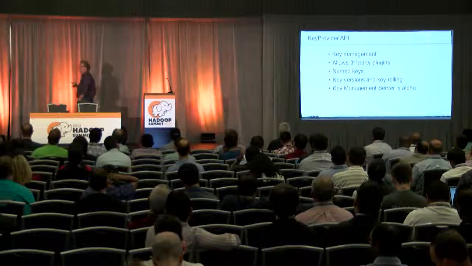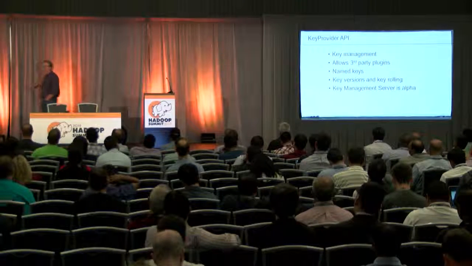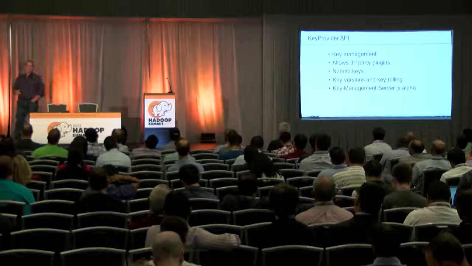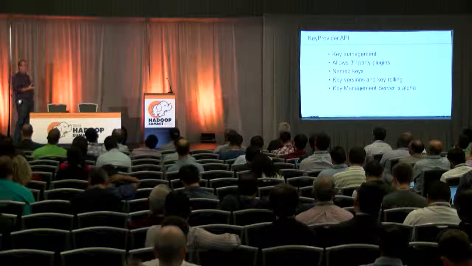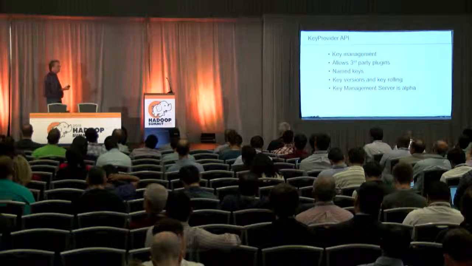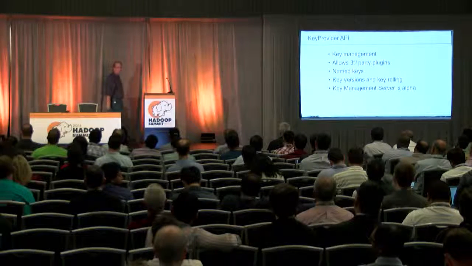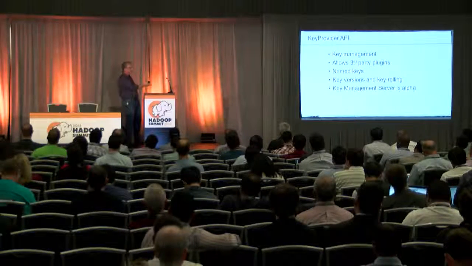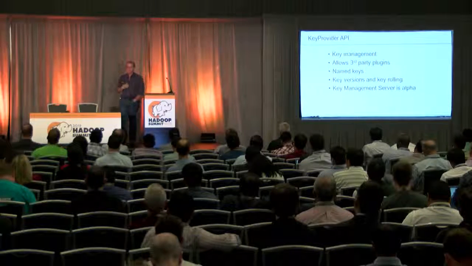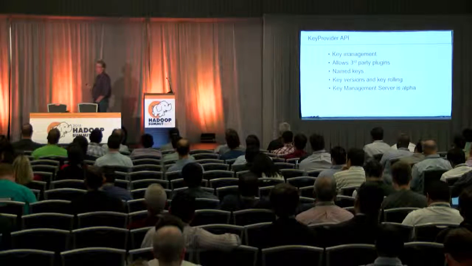So that is for a particular set of use cases. In particular, companies have this requirement that they can only keep personal information for 90 days. After that, they have to destroy it. And so what they can do is write the data with a key and then destroy it after 90 days.